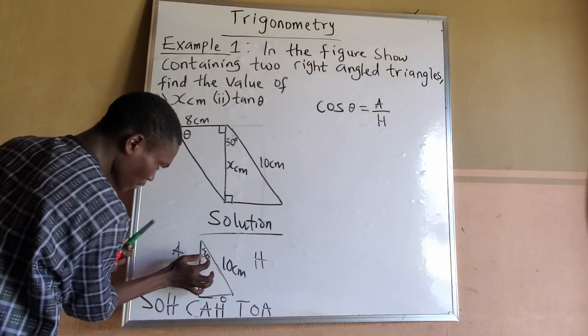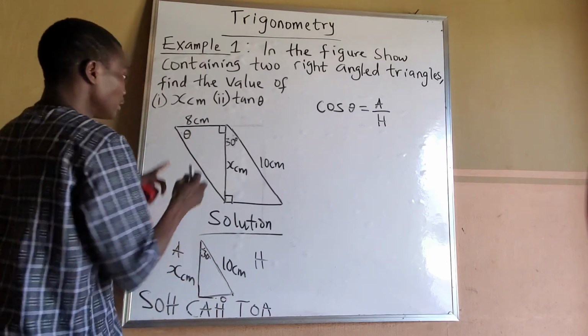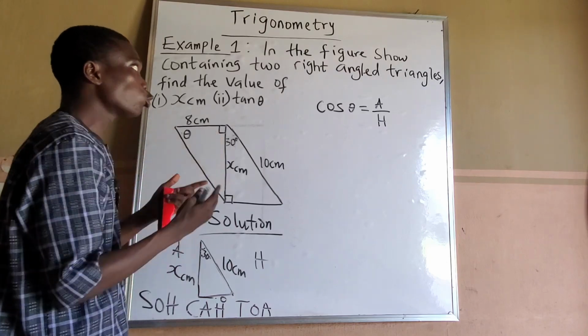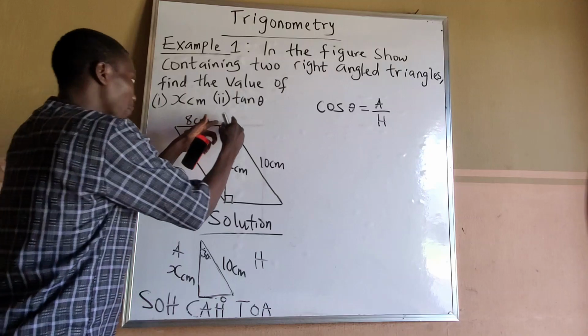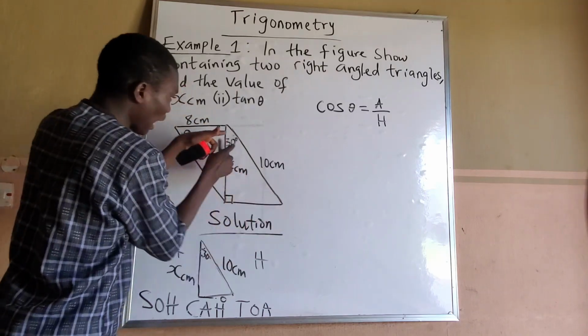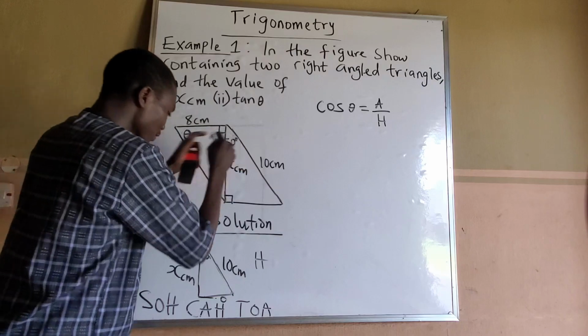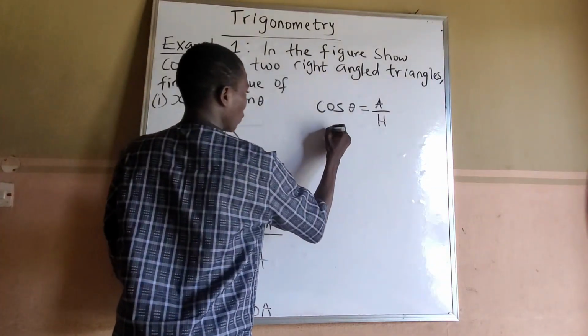The angle here is 30, because I'm dealing with this side, not this side. As I've said earlier, there are two different triangles there. This is the first one, this is the second one. I'm dealing with this second one. This one has its angle, this one doesn't have its own angle, but I'm dealing with this. So the angle is 30 degree.